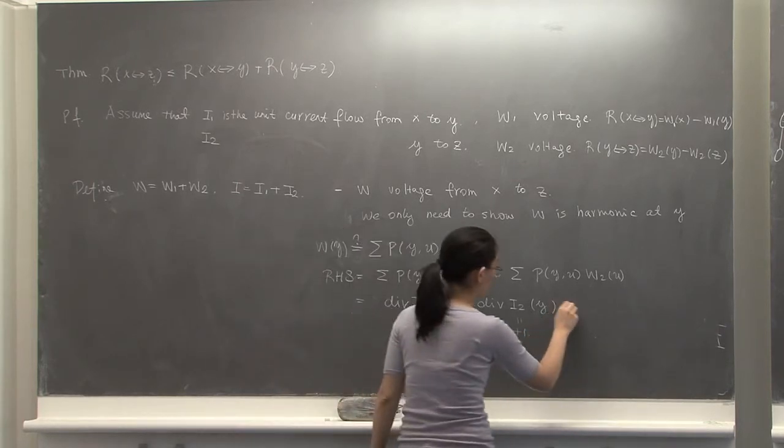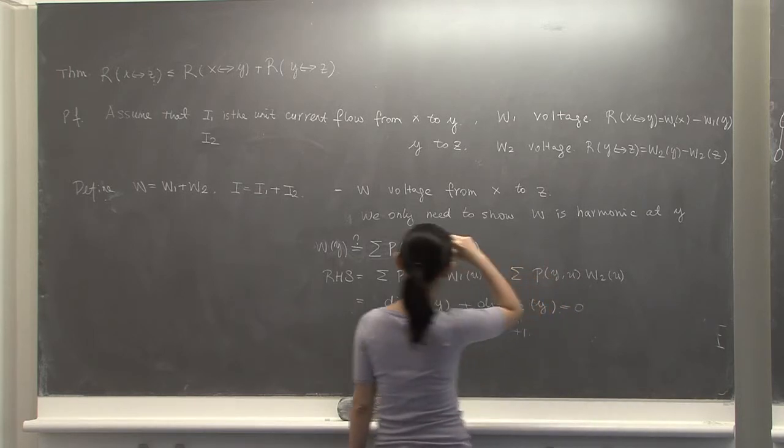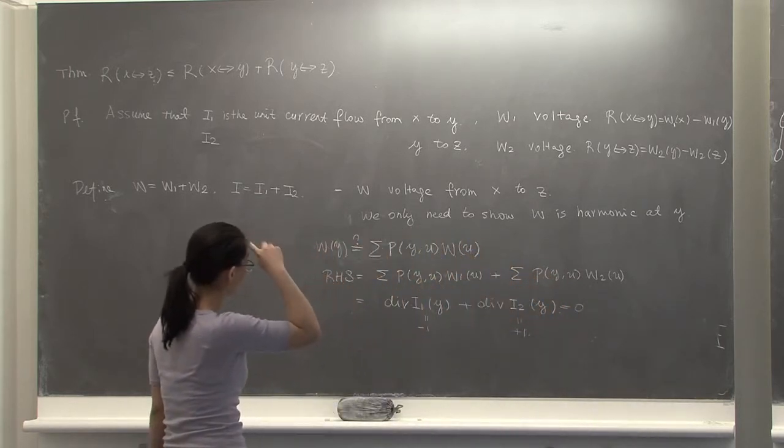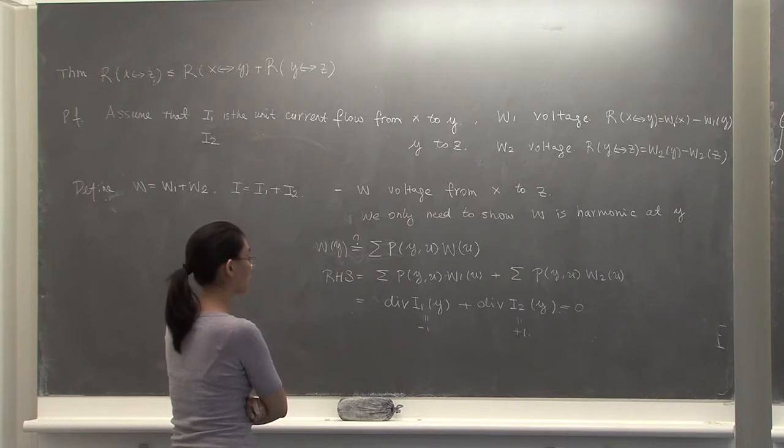So the sum of the two is 0. Wait, 0? So what's wrong here?